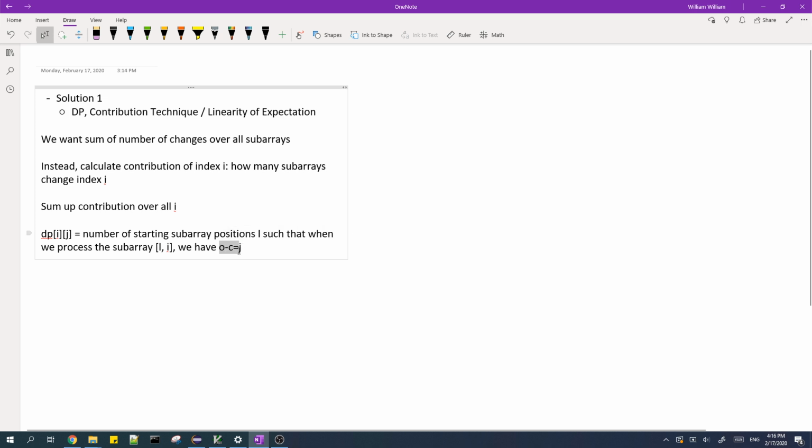And the reason why we want this as a state is because whenever O minus C becomes negative, that means that the number of closing characters is greater than the number of opening characters. And that's when we need to change the closing parentheses into an opening parentheses.